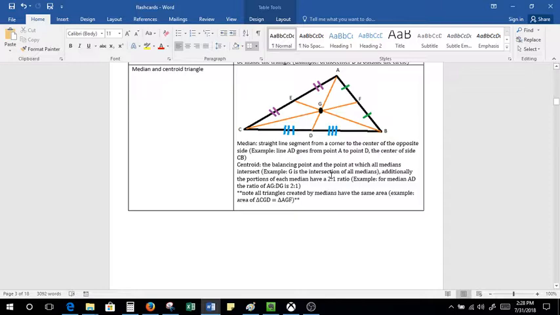The centroid then, which is the intersection of all the medians, is the balancing point of a triangle. So you can actually do this. If you have students, you can make a cardboard triangle, find the centroid, put a dot there, and theoretically, if you measure correctly, you should be able to put your finger there or whatever, and the shape will balance there.